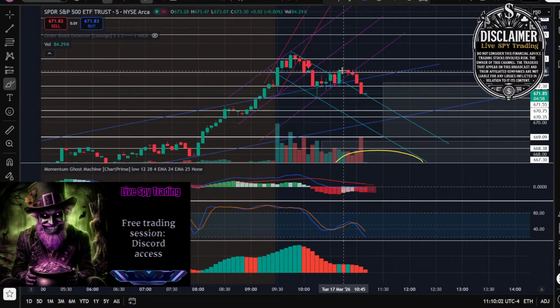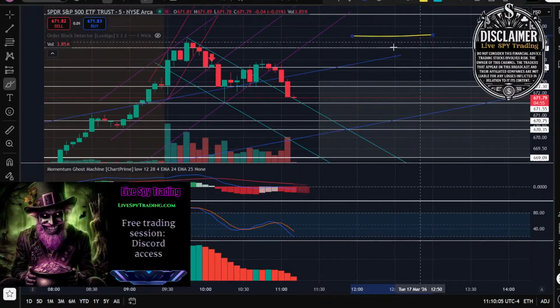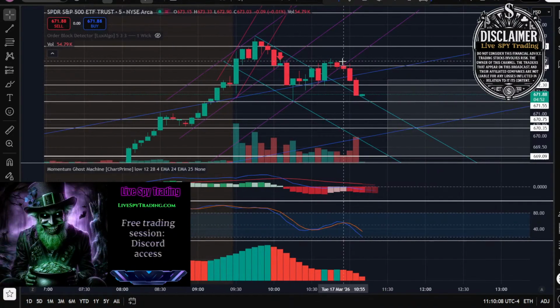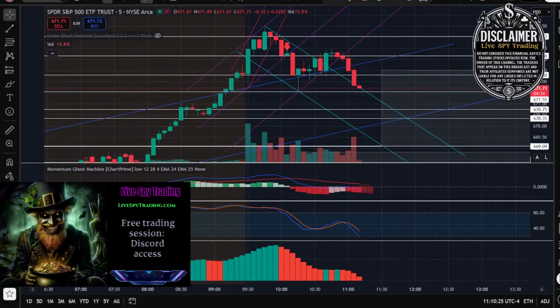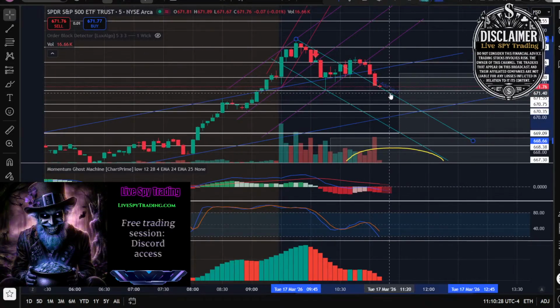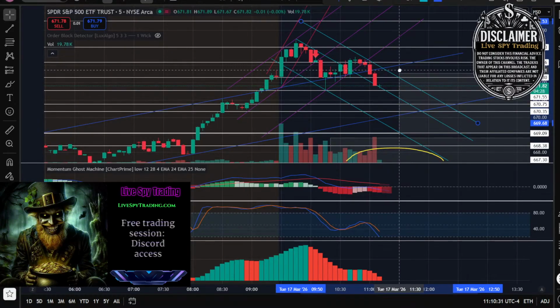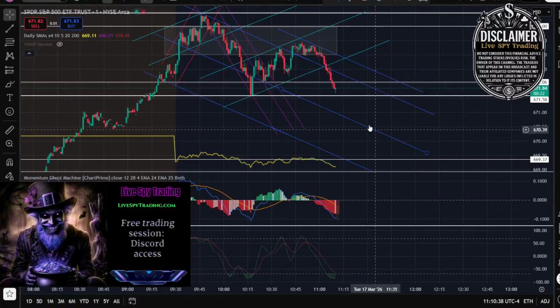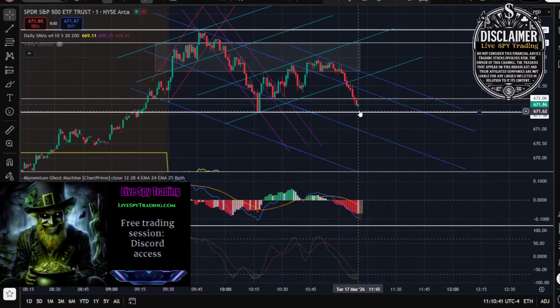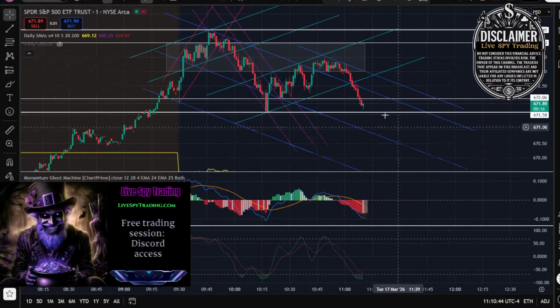So even if you were to get this, let me zoom in. If you were to get this at the absolute worst fill from 29, you would have had to be right on it at 47. All right, we're at lower day. Adjust your stops.